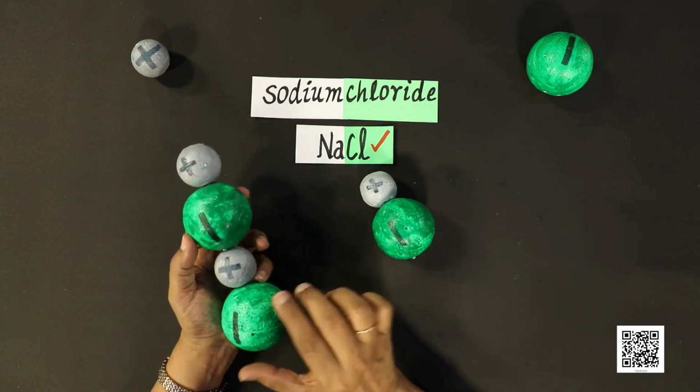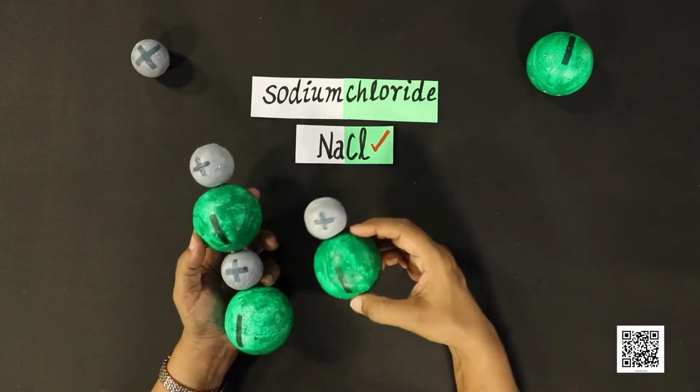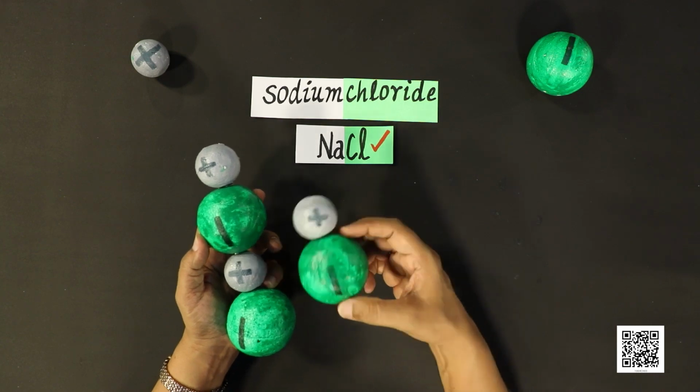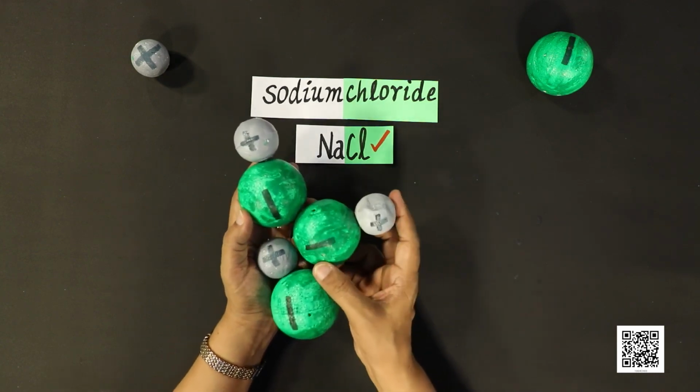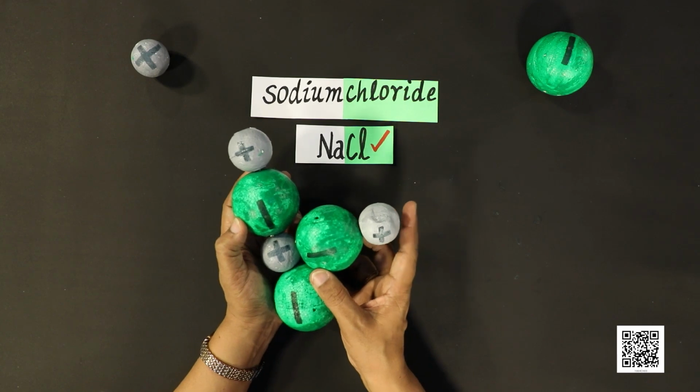So here it goes like this. And what about this? Will it get attracted like this? No. So here the plus and minus go together. So this way sodium chloride will exist not as a single molecule but as an aggregate of oppositely charged ions like this.